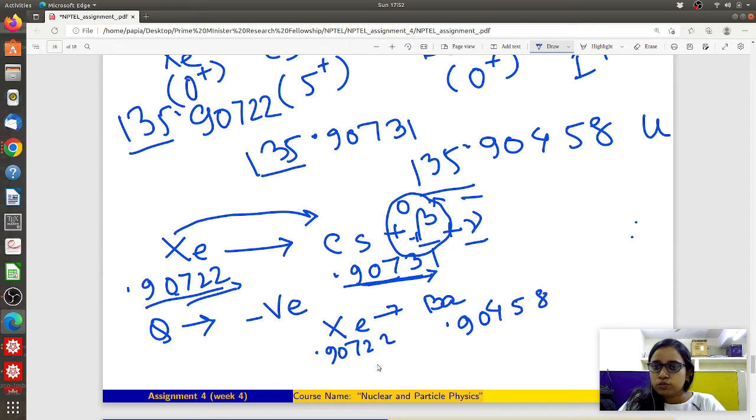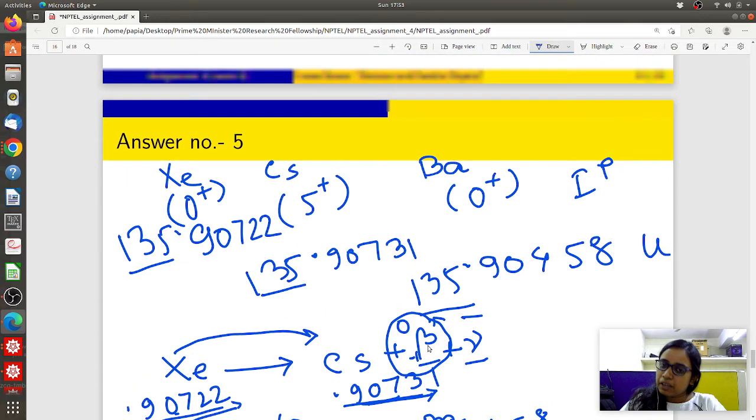So what will be the value of Q here? The Q value will obviously be a positive number, because 722 is there and 0.458 is there. So if it is a positive value, then it may be energetically favored. If I calculate energetically and kinematically, then it is favored. So the third option is obviously correct.